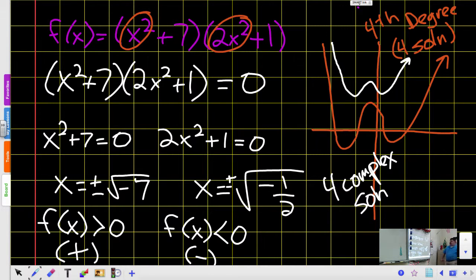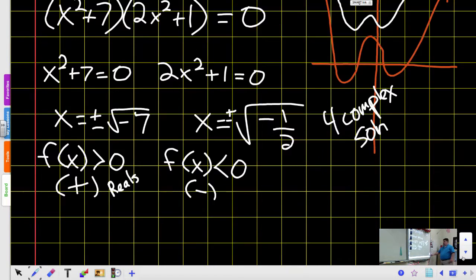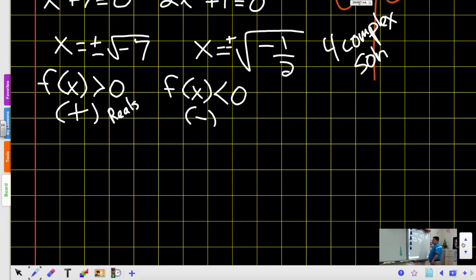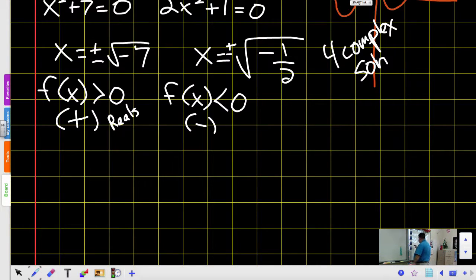So this would be all real numbers. And another way to list that would be negative infinity to infinity. Now, when is this thing less than 0? Based on the graph.